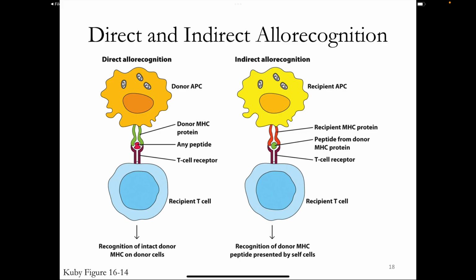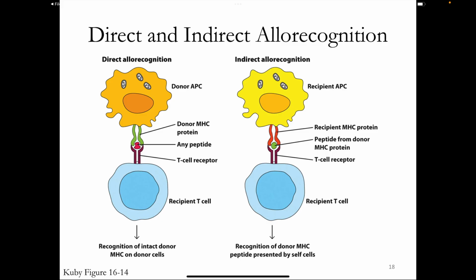So here we've got our antigen presenting cell from the kidney. So imagine this is just a kidney cell from the kidney. And in the process of getting transplanted, some of the kidney cells die. There also are probably some dendritic cells from the donor that are still in the kidney. You didn't flush every last one out.